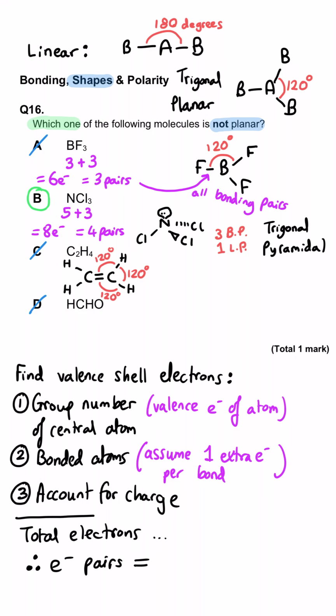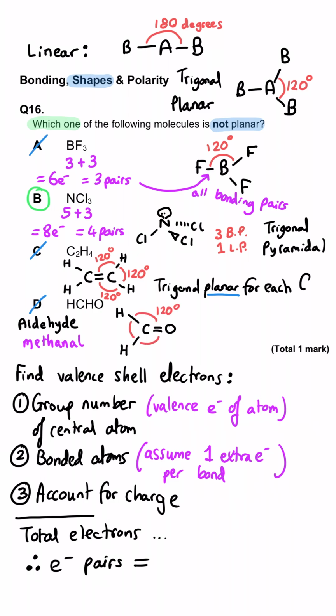We treat the double bond as just being a cloud the same way as the other single bonds, and so we've got 3 clouds, so this is going to be trigonal planar around both of those carbon atoms, so the whole molecule will be flat. D is an aldehyde, it is methanal, and that is also going to be flat for the exact same reasons. We've got 3 clouds of electrons around that central carbon atom, and so the trigonal planar shape will once again be the shape this molecule has.